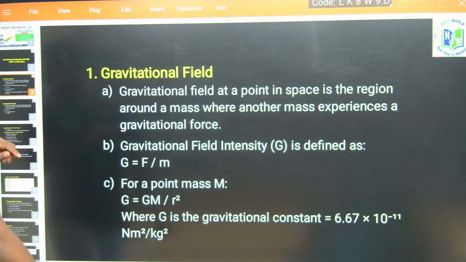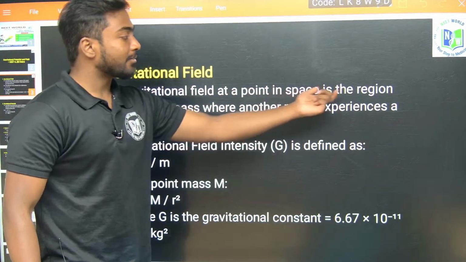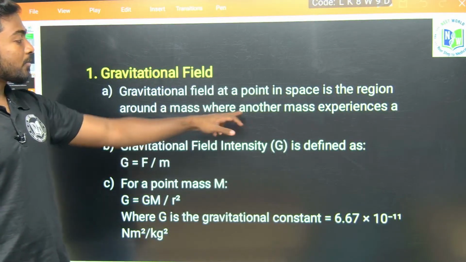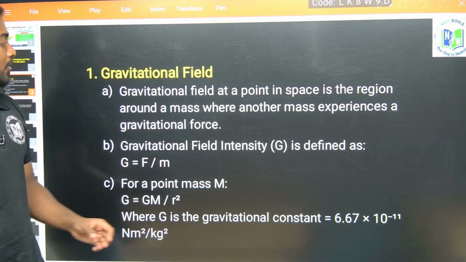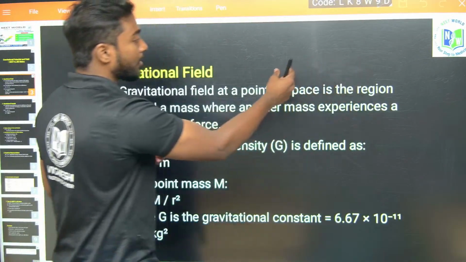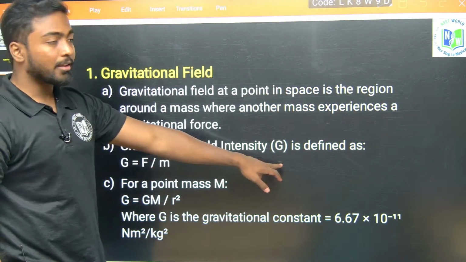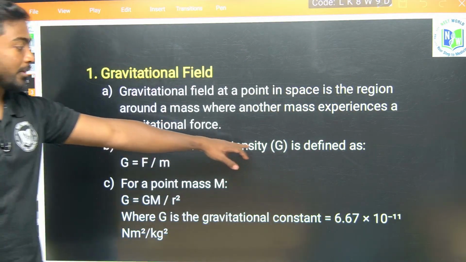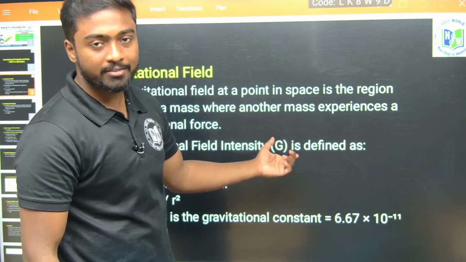So we will see what the gravitational field is. It's nothing but, at a point in space, the region around a mass where another mass experiences a gravitational force. So there is a field, and if I take a mass into that field, it experiences a force. Gravitational field intensity is denoted by the capital letter G, like the gravitational constant also, right?